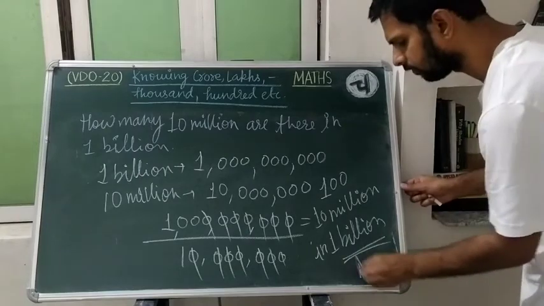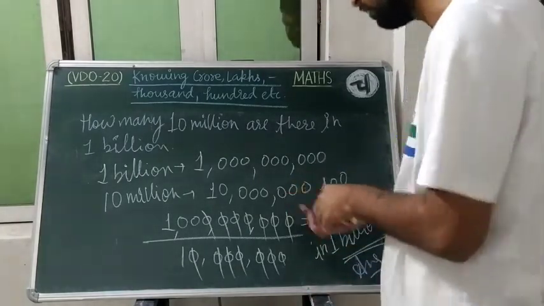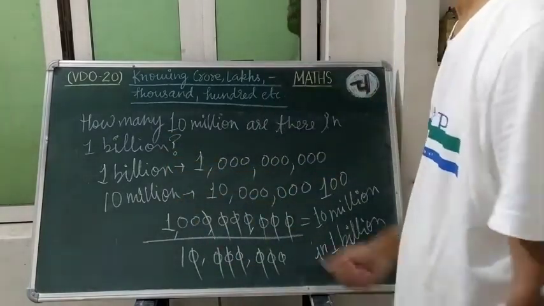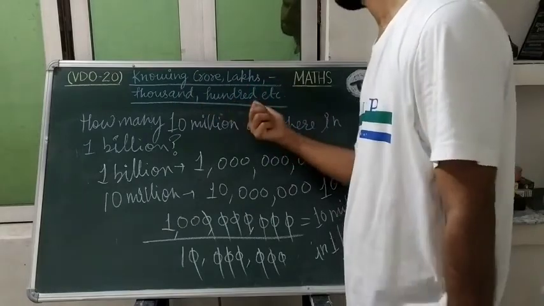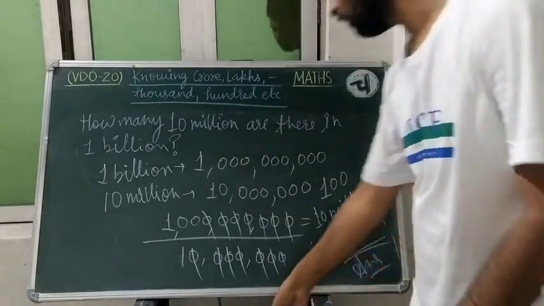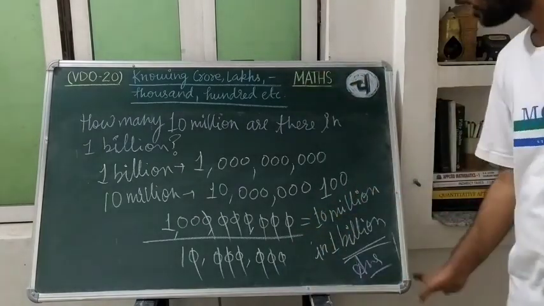It will be our answer. So in this way you can think for the other numbers also. It was present in this knowing crore, lakhs, thousand, hundred. You can practice more about it from your mind. The idea I have given to you. Enough for today.